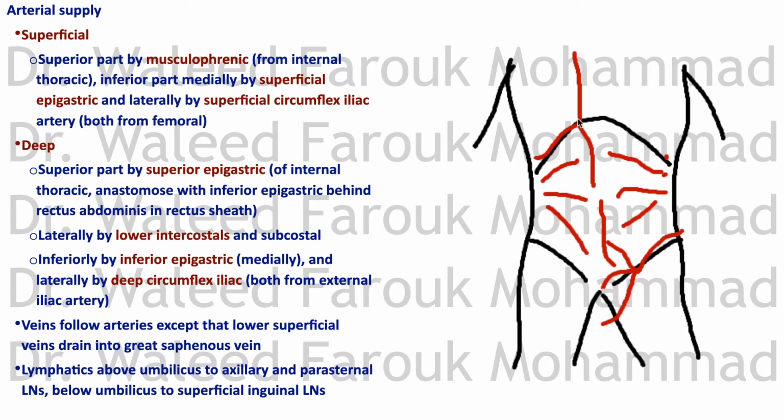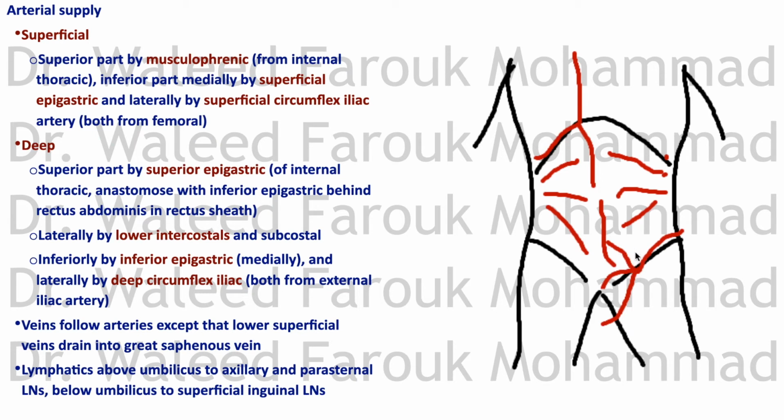And remember the musculophrenic branch, the terminal branch of the internal thoracic that supplies the higher levels of the abdominal wall. And the lower part is supplied by the superficial epigastric artery.